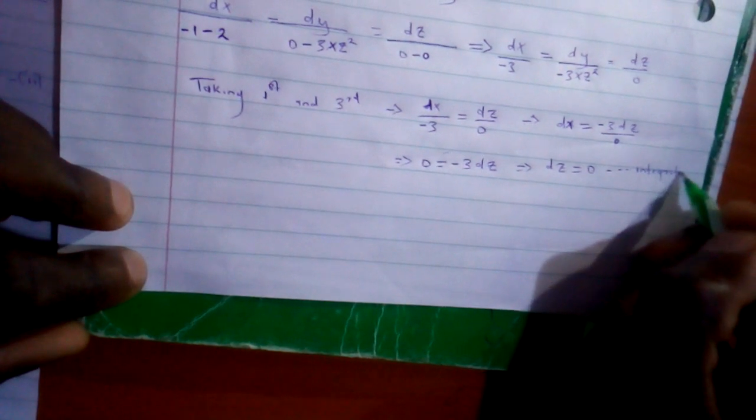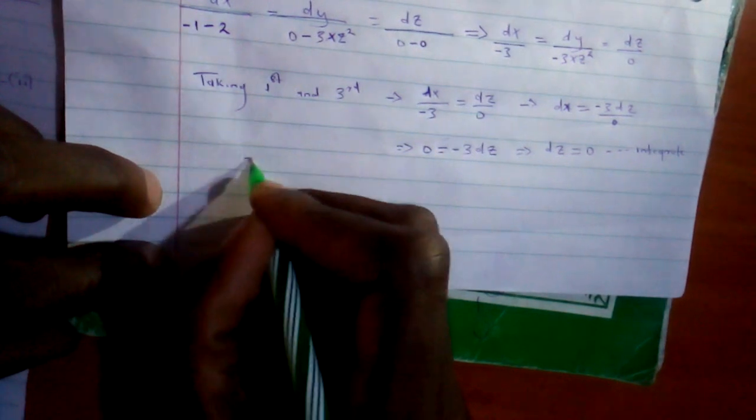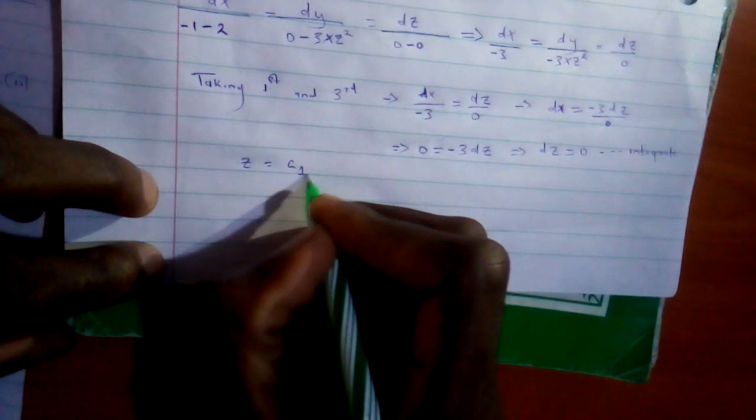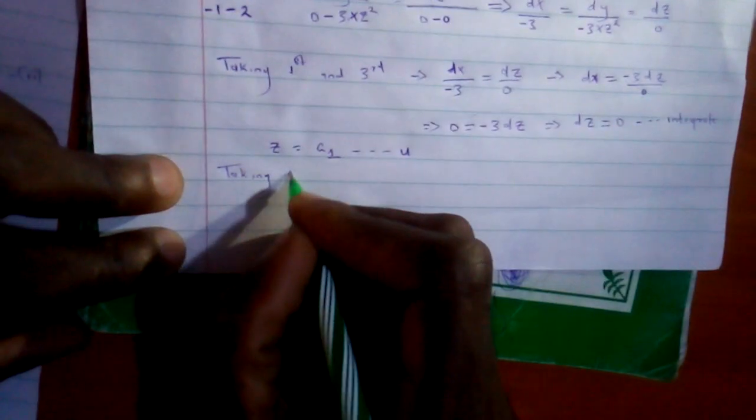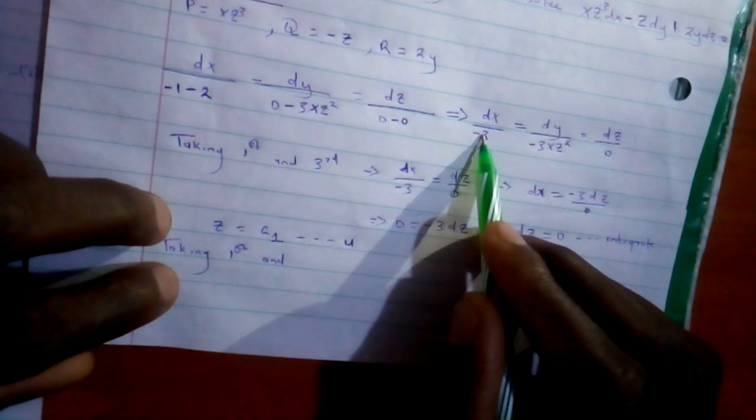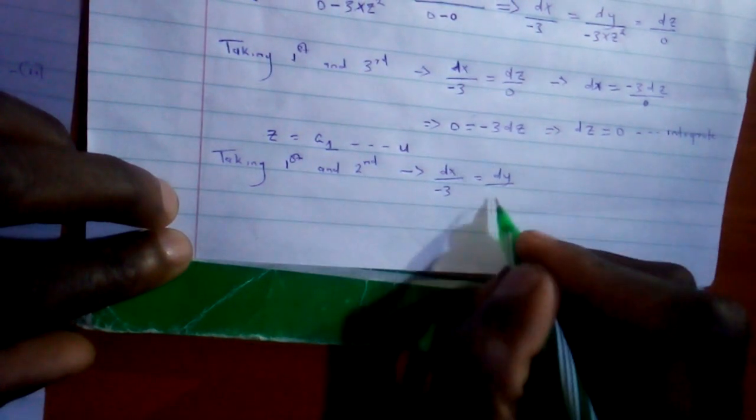Then at this point we integrate. If we integrate, we obtain our z is equal to c1, and this one we equate to be our u. Again, taking our first and second, we get dx all over negative 3 is equal to dy all over negative 3xz squared.